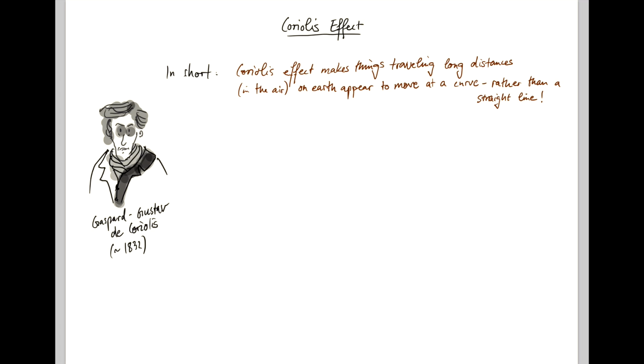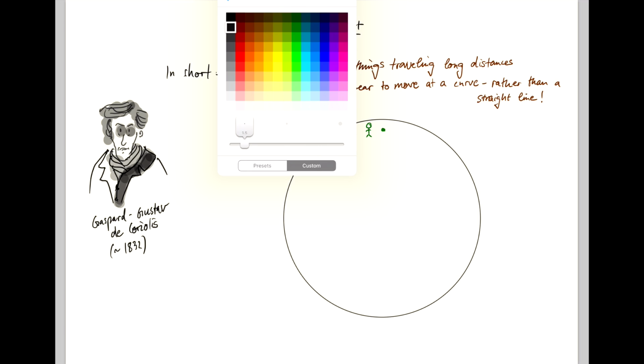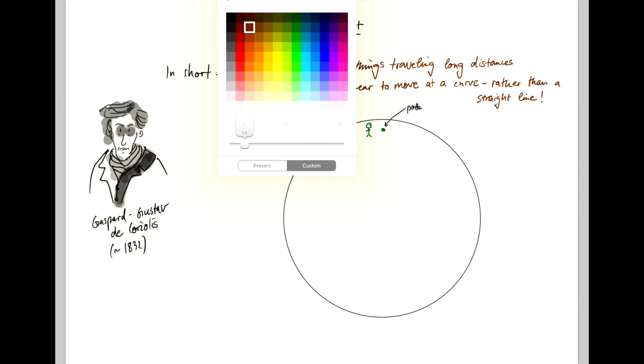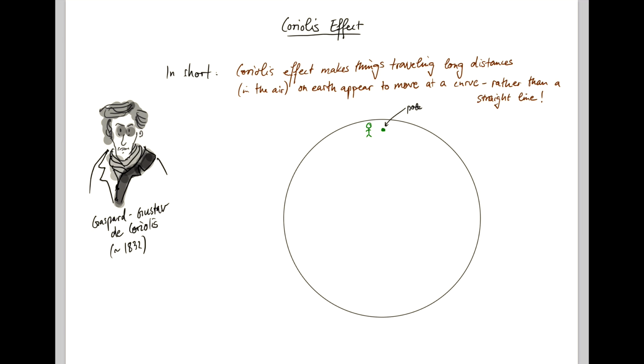So I'll try and explain the Coriolis effect from the perspective of two observers. If you have one person standing at the pole up here, here's the pole, and let's say they're 6 feet away from the pole, so they're just standing there.